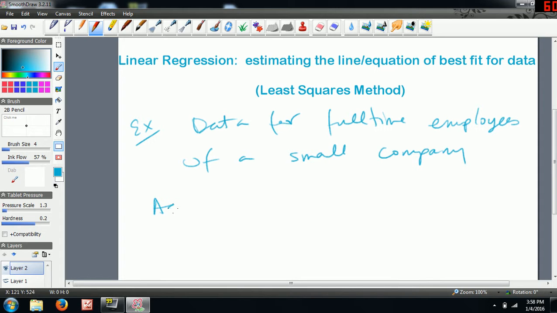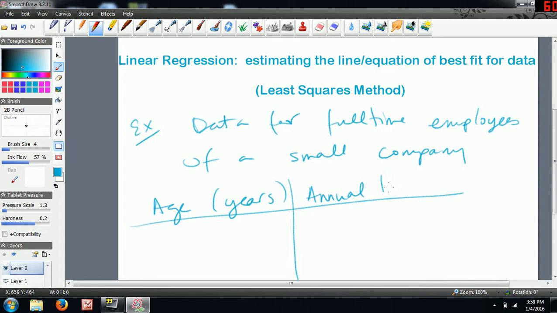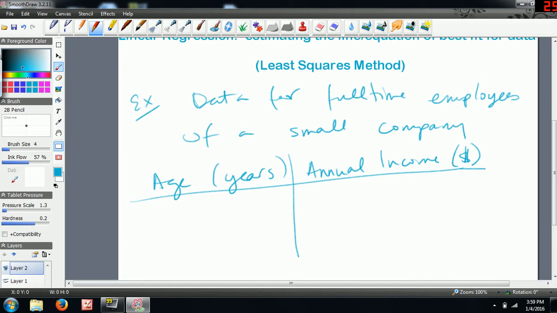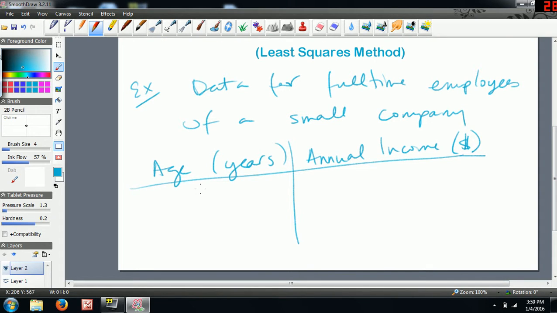You're given the age on one side, which is in years, of the employees, and on the other side you have their annual income. And you've got the age on one side, and then the annual income, which we're going to assume is in thousands.